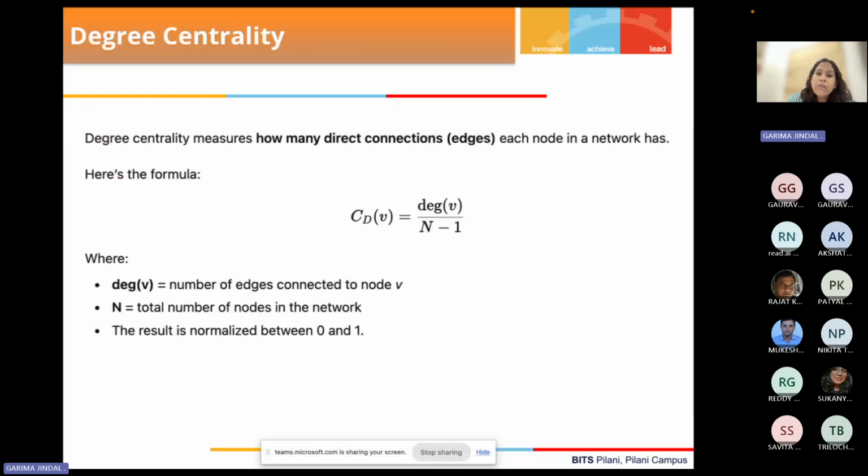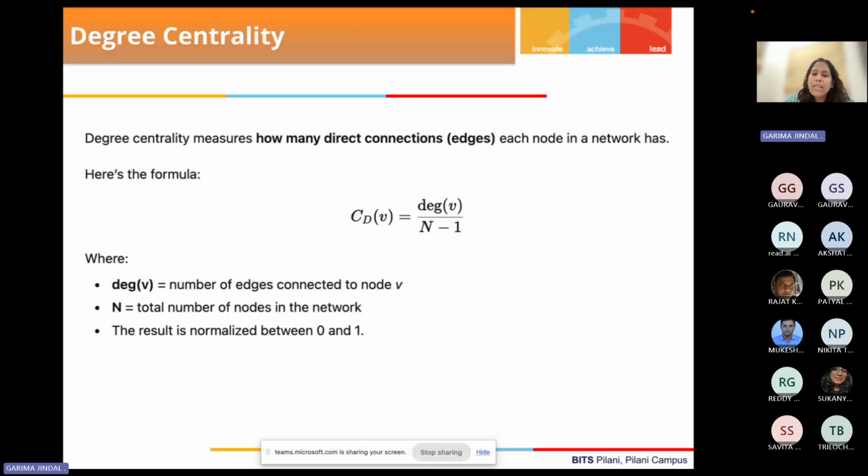Centrality is very important whenever you are doing a task related to ranking. There can be a number of different tasks in social networks where we have to rank people, and you generally rank people based on their importance. So these are the different measures that are used to rank different people in social networks.